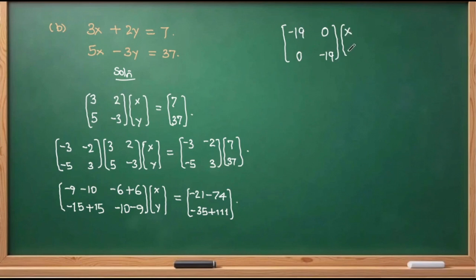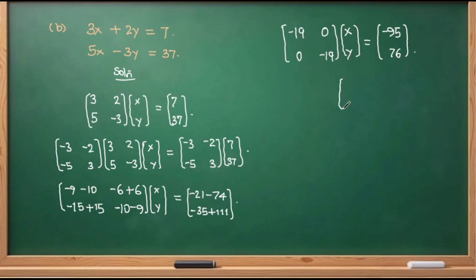Now we have here x and y, and then we multiply it by our element here, and we equate it to these results. So when we simplify this, we get negative 95. Then this one simplifies to positive 76. Now when we multiply this one, it is just going to be negative 19x, and then negative 19y.